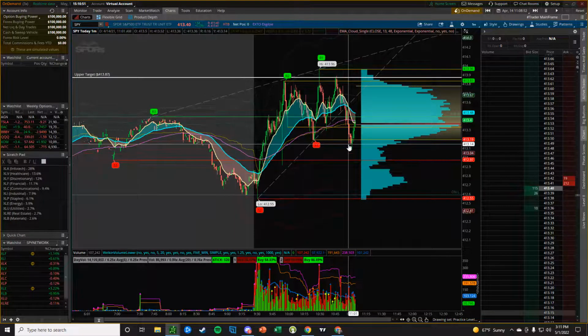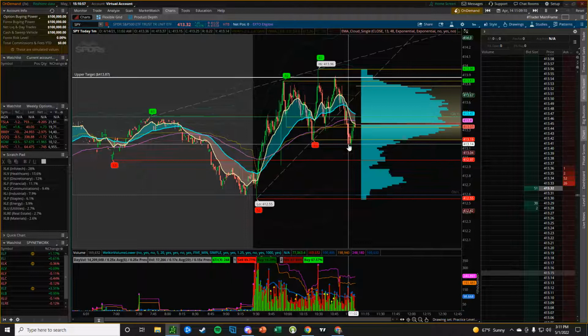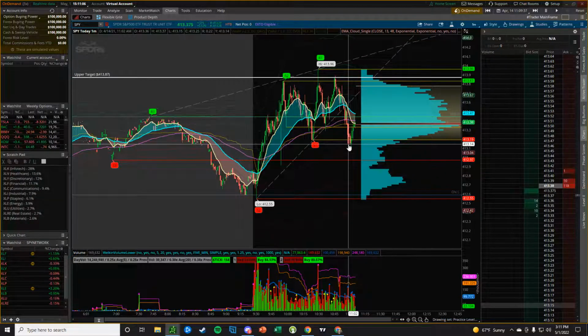So the price action's pushed back up above the developing POC. It's fighting with the 200 and the VWAP. I mean, if we didn't have such bullish activity in the overall market, this would be a great place to take a short.